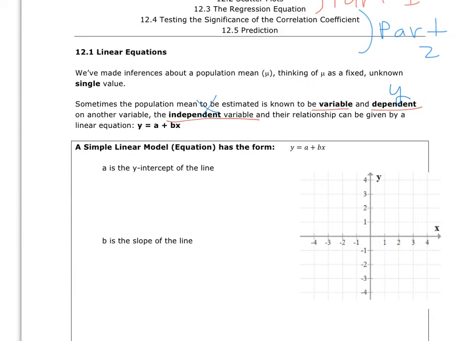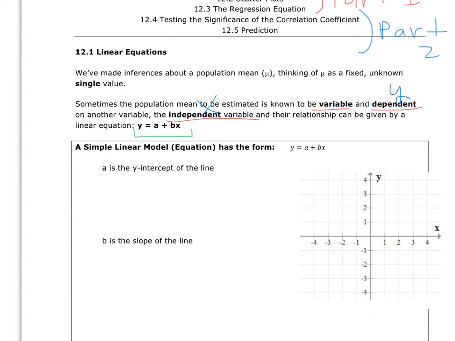And then we can write down the relationship between x and y as y equals some constant a plus some constant b times whatever x is. All right, so you recognize that as the linear equation.